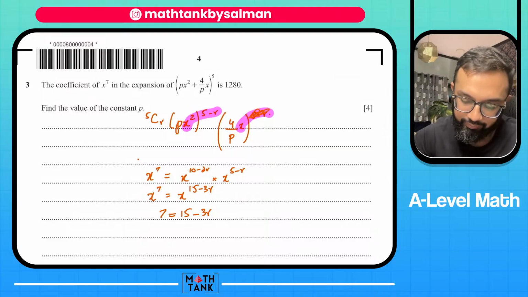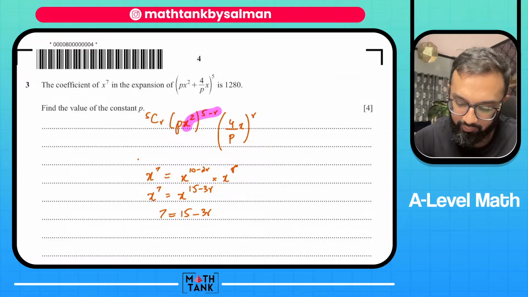Oops. That should be power r. Or r. Minus r.